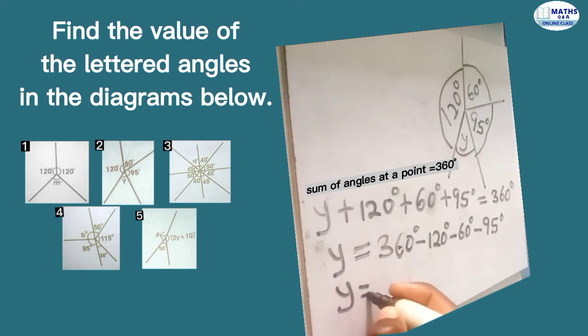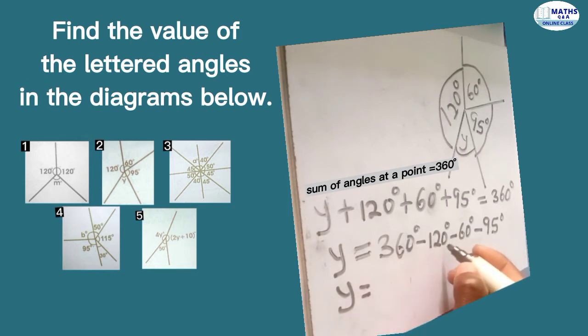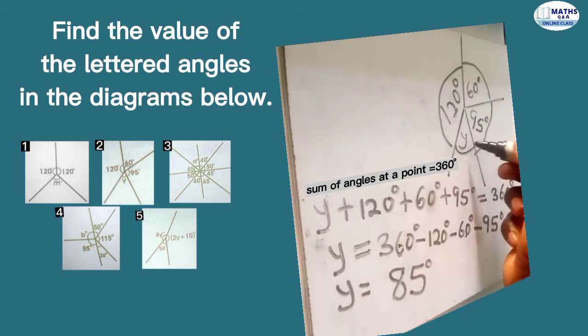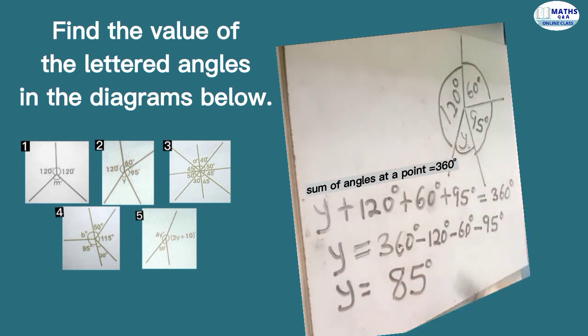So Y is equal to 360 minus 120 minus 60 minus 95 will give us what? It will give us 85 degrees. So this means that the value for Y for this angle is what? 85 degrees.